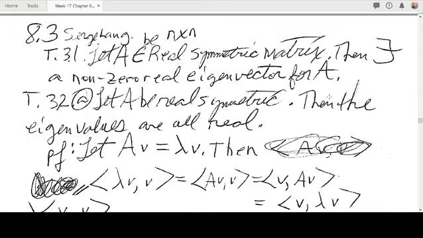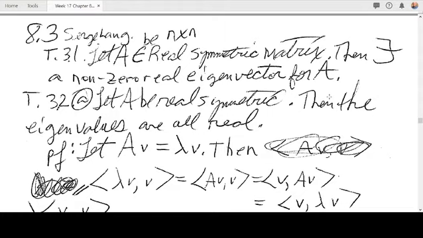that tells us that roots always exist for polynomials, but in this case we find that this one must be real. Theorem 3.2, Part A. Let A be a real symmetric matrix. Then the eigenvalues of A are all real.